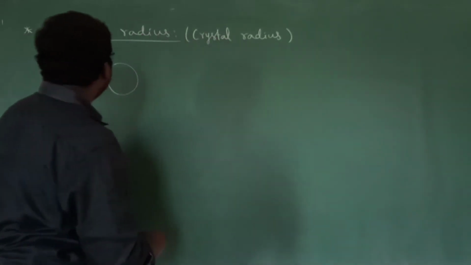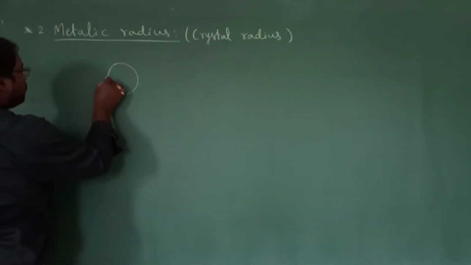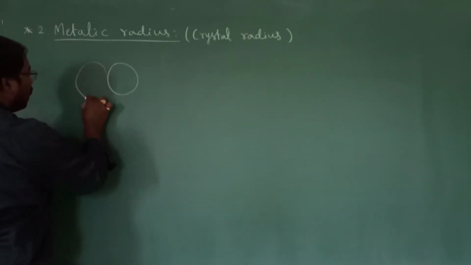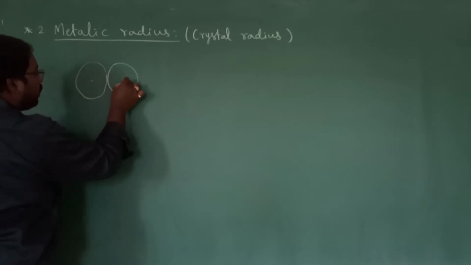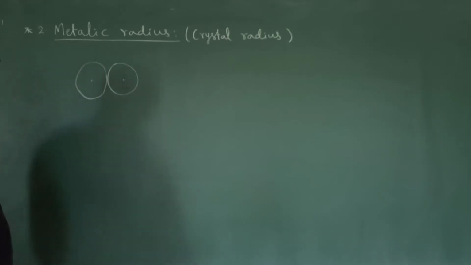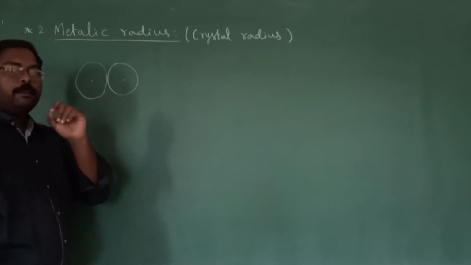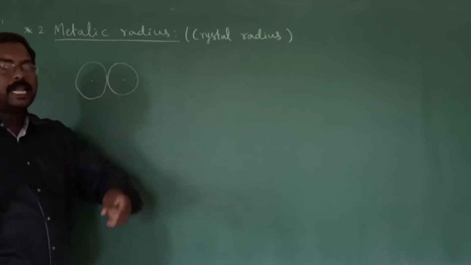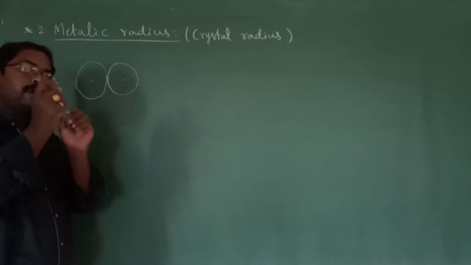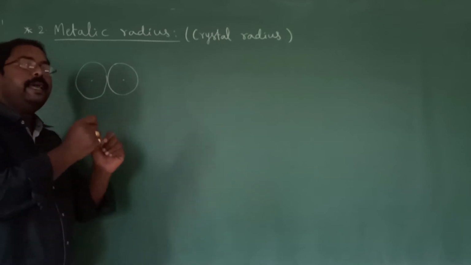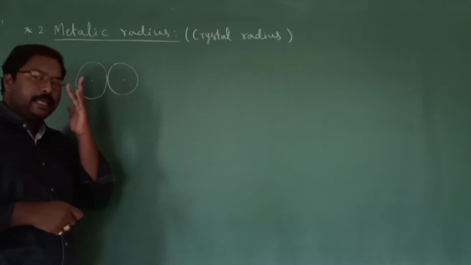And in the case of this metallic radius, it is measured in the case of two metals. When you take a metal crystal, generally if you take an iron rod, now we know that iron metal is full of iron atoms. They will be arranged in a particular arrangement.